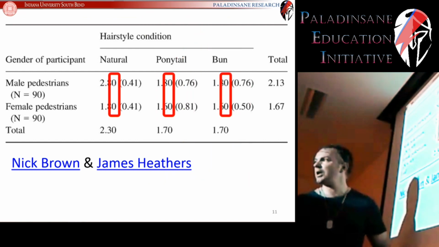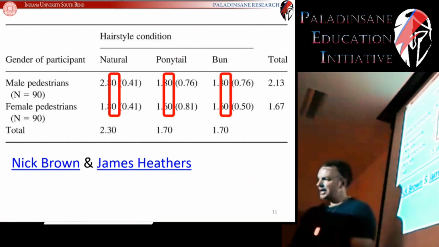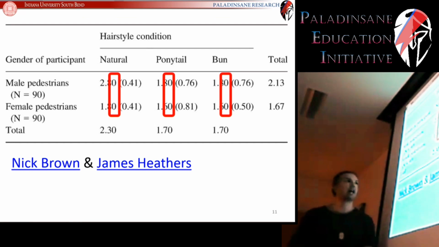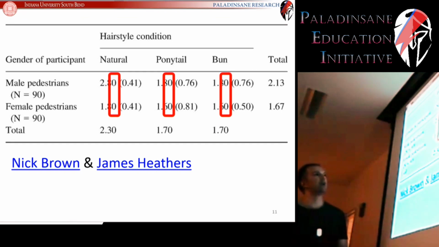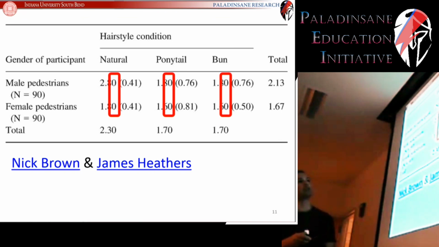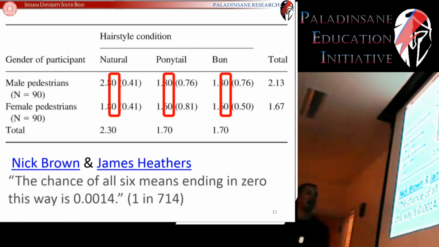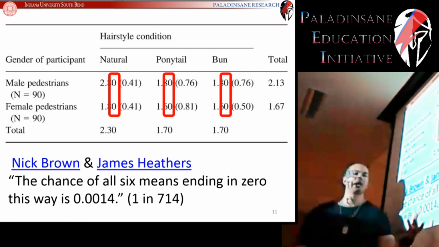Right? That might happen for one of the averages, but to add up 90 numbers and get an average that ends in point something 0, and for it to happen in 6 different situations in a row, that only happens 1 in 714 times.